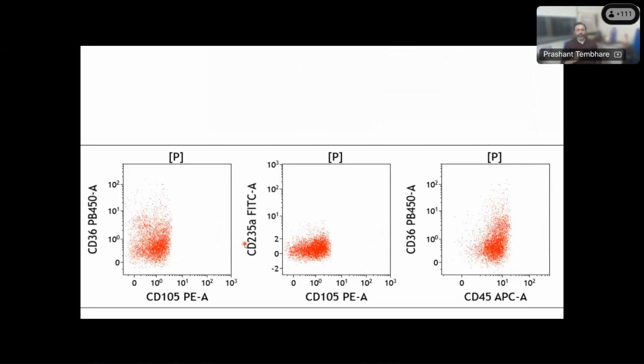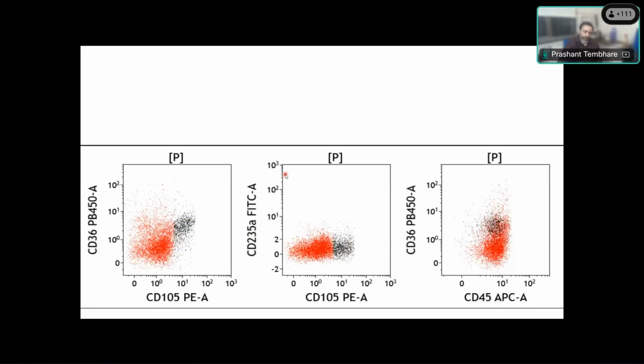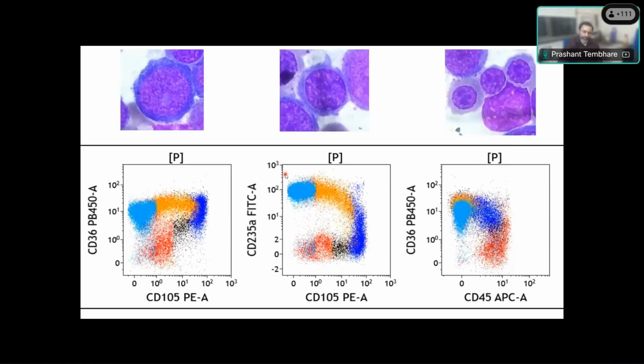What if we use additional markers like CD36 and CD45 in addition to CD235A and CD105? So I'm just adding CD36 and CD45 to these markers. How do these patterns look? The pattern looks like this. So CD36, CD71, CD235A and CD105 are typically used for the maturation pattern of the erythroid series.